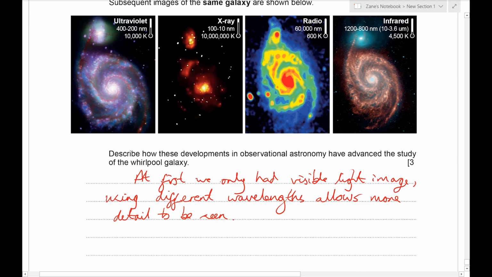And then we realise that there's a link between the wavelength and the temperatures of the objects here. So when we're looking at the X-ray part of the spectrum, we're seeing the higher temperatures. And that could be something like a pulsar. A pulsar is basically a fast-spinning neutron star. And neutron stars are very, very dense, very, very hot stars.